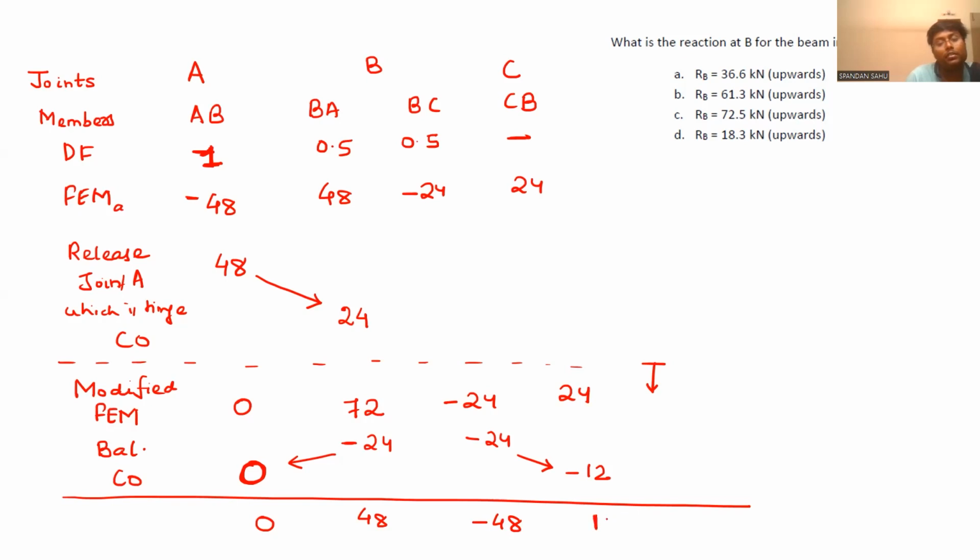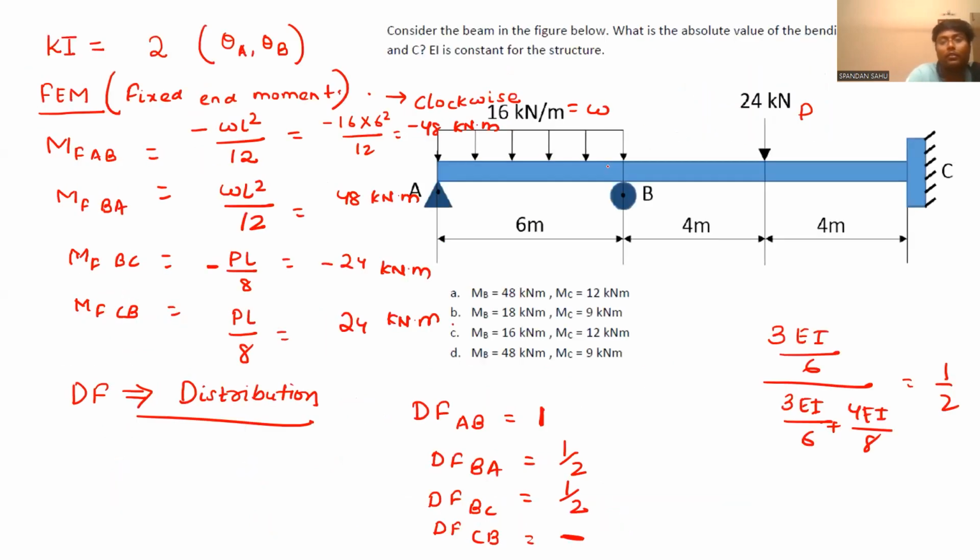This will be 12. So this is 0, this is 48, this is minus 48 or means 48 anti-clockwise, and this is 12.